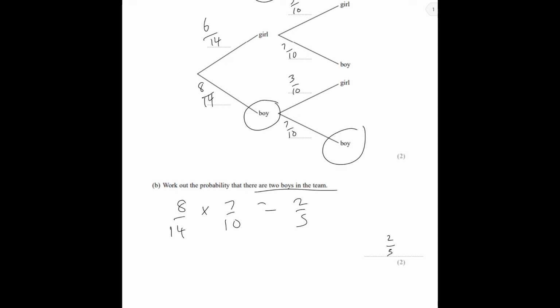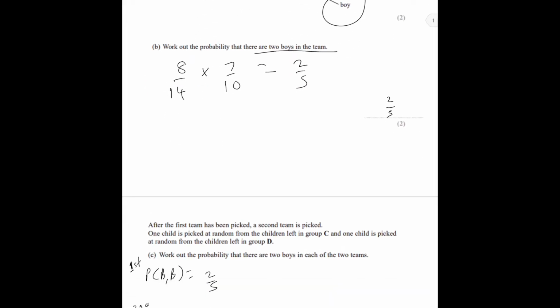Now on the second team, what can we see? The assumption we can make is that one child is picked at random. The question says one child is picked at random from the children left in Group C and one from the children left in Group D. Work out the probability for 2 boys.